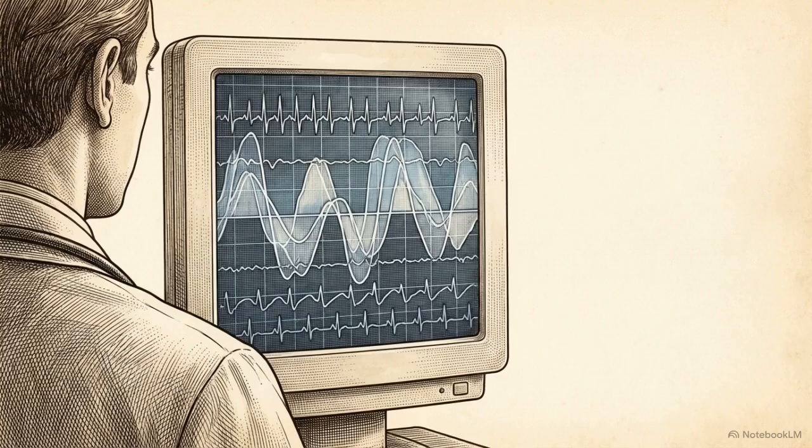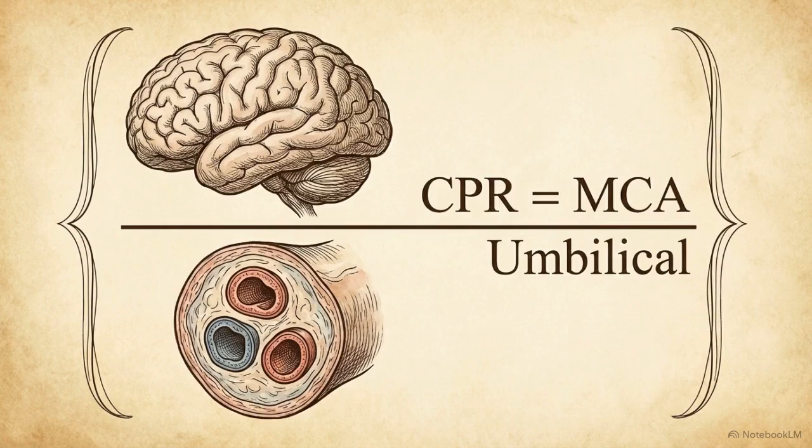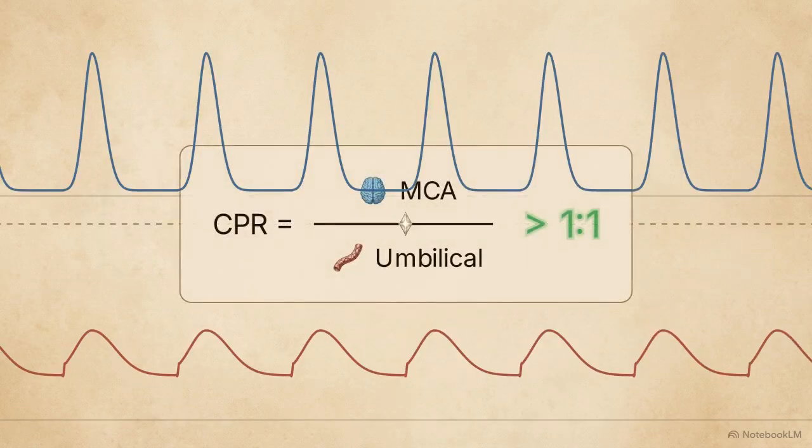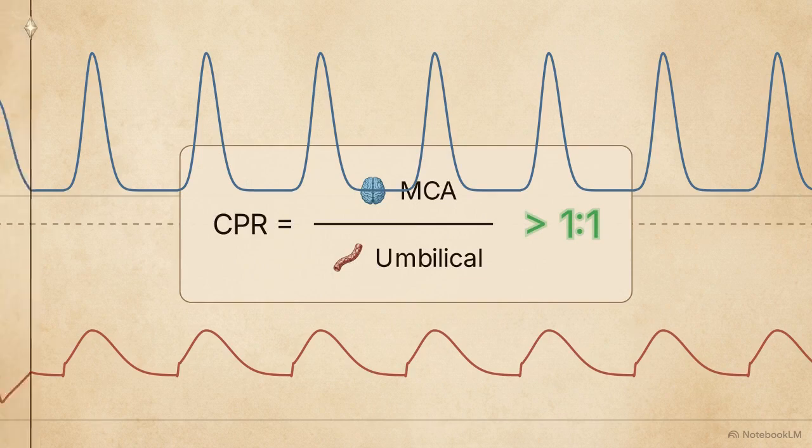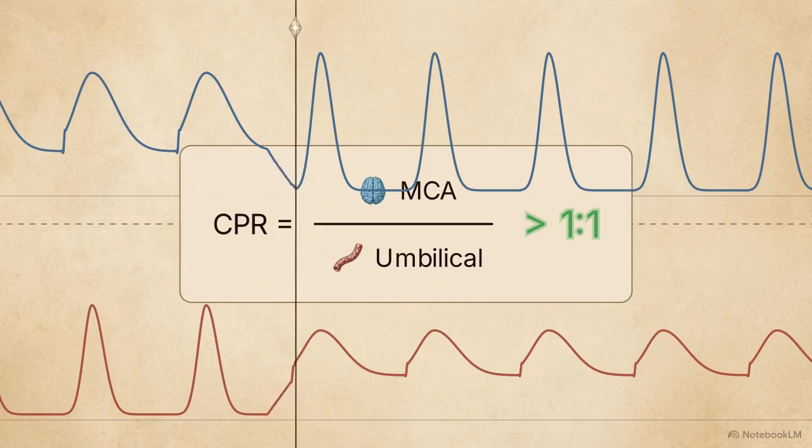To accurately evaluate the severity of this brain-sparing reflex, clinicians rely on a definitive mathematical metric known as the cerebroplacental ratio, or CPR. The CPR divides the pulsatility in the middle cerebral artery by the umbilical artery. Normally, high MCA and low umbilical resistance yield a ratio above 1:1.